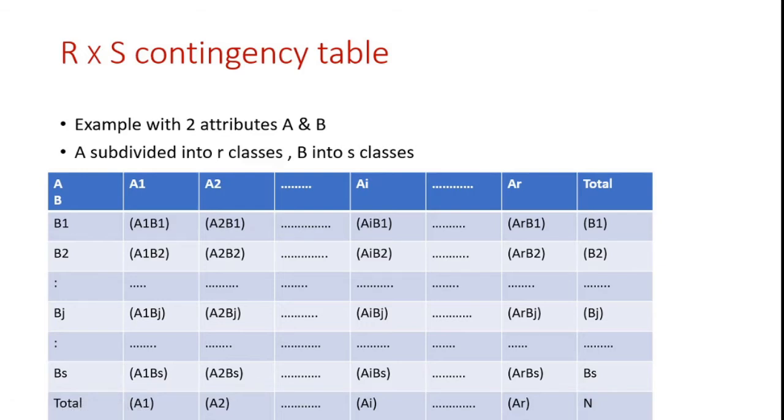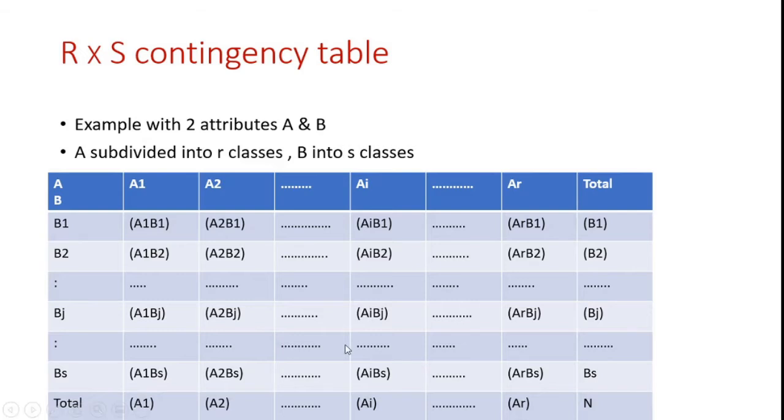This is the method that we use in breaking down a problem, or the problem itself can be given to a statistician in the form of a contingency table as well. So it depends on the scenario, and this is how it is represented. And you can see the total frequencies for class B1 is A1B1, A2B1, like AiB1 or ArB1, and so on.